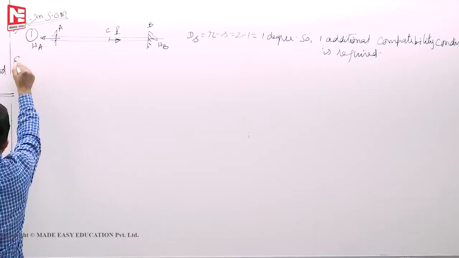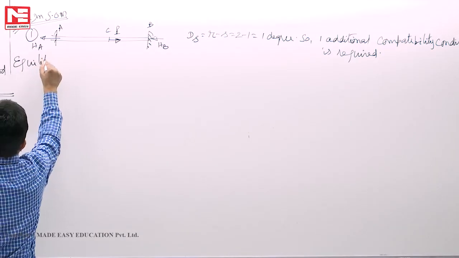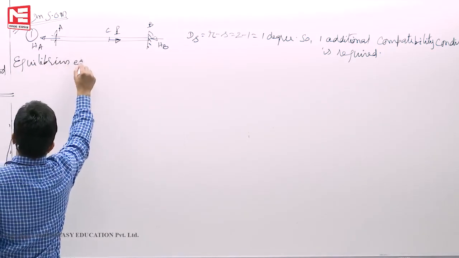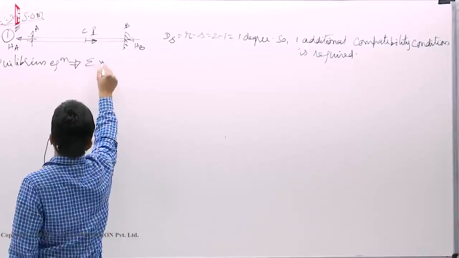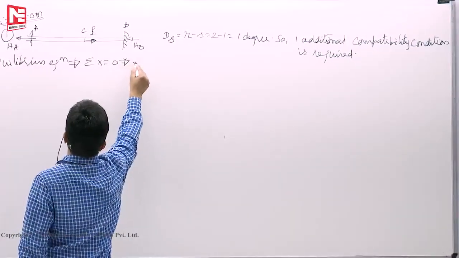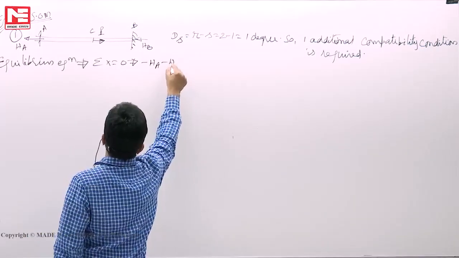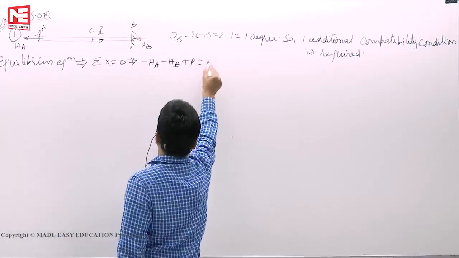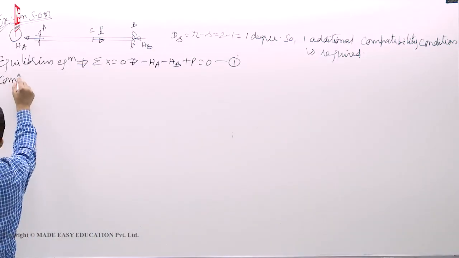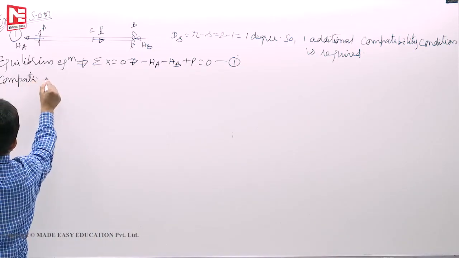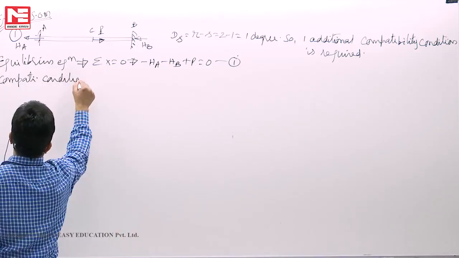So this is what you have analyzed. First external equilibrium equations you have to use. Sigma x 0: minus HA minus HB plus P is equal to 0. Then compatibility condition you will write.